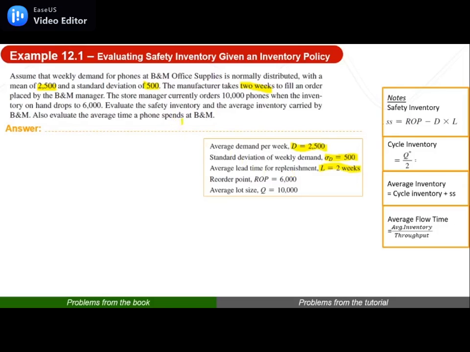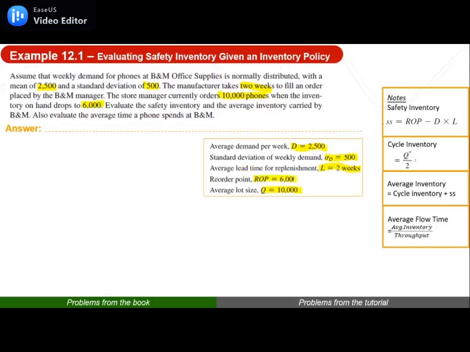The store manager currently orders 10,000 phones when the inventory drops to 6,000. The 10,000 is Q, the average lot size, the number that B&M orders. The 6,000 is the reorder point.